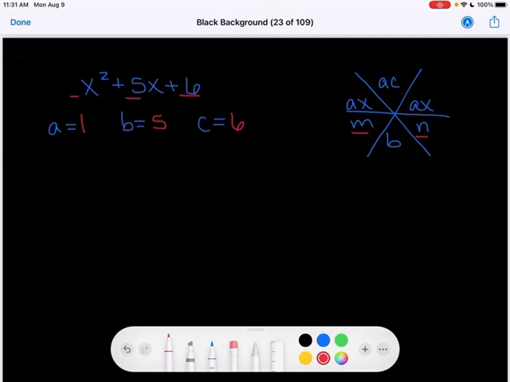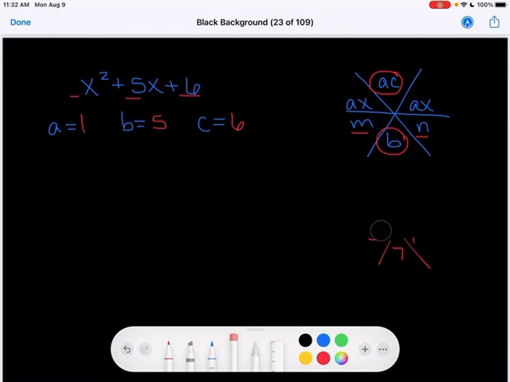You're going to have to find two numbers that multiply to give you a times c, and also add to give you b. For example, let's say a times c is 12 and b is 7. I need to find two numbers that multiply to 12 that also add up to 7. Well, that would be 3 and 4 because 3 times 4 is 12 and 3 plus 4 is 7.